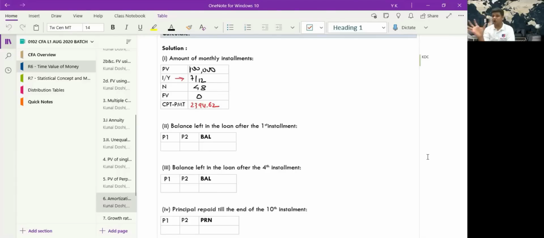So the remaining balance, right? After the first installment, what will I put P1 as? 1. And my P2 will also be 1. So just put P1 as 1, P2 as 1, and then keep on pressing the down arrow and let me know what is the balance that you get. 98,188.07. Correct. Very good.